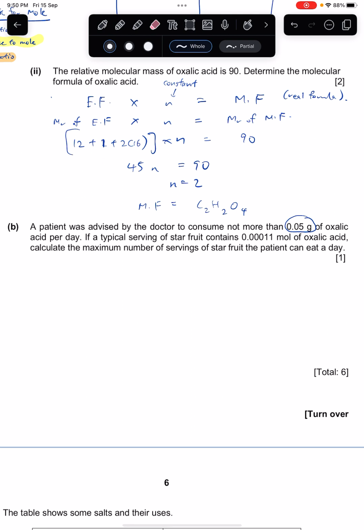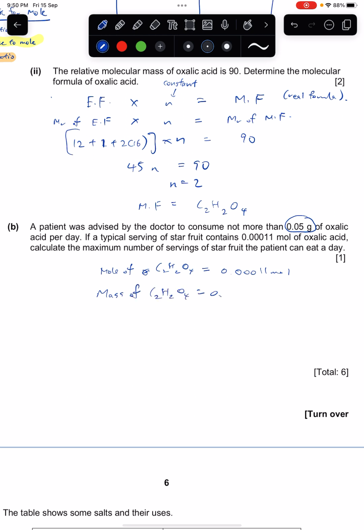Then let's find the mass. The moles of oxalic acid, or basically C2H2O4, equal to 0.00011 mole, right? Let's find the mass then. 0.00011 times 90.